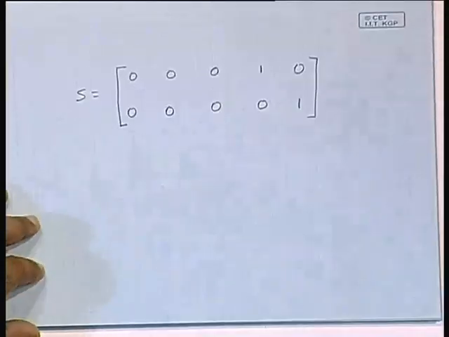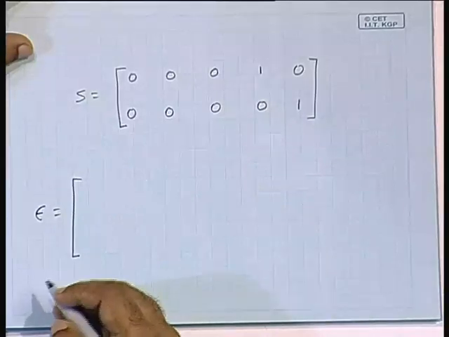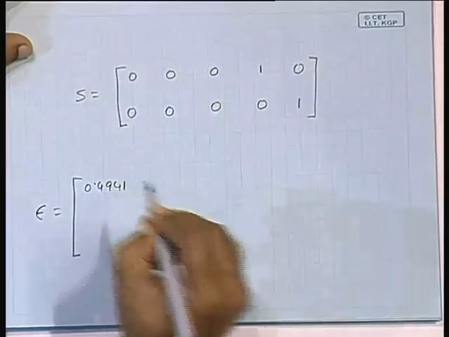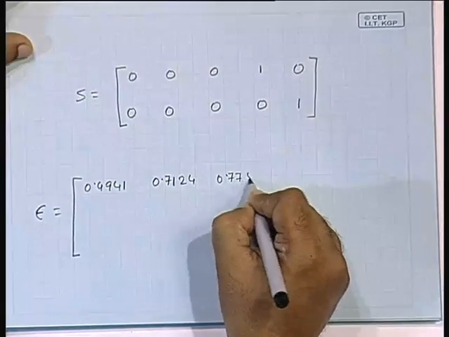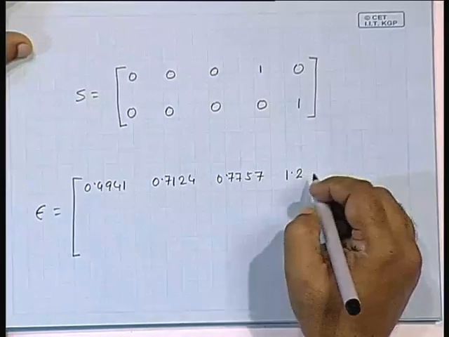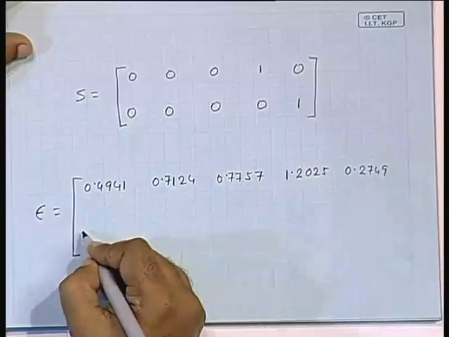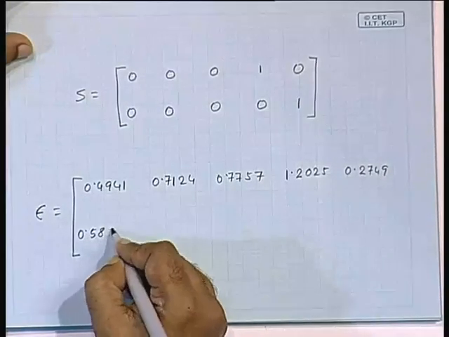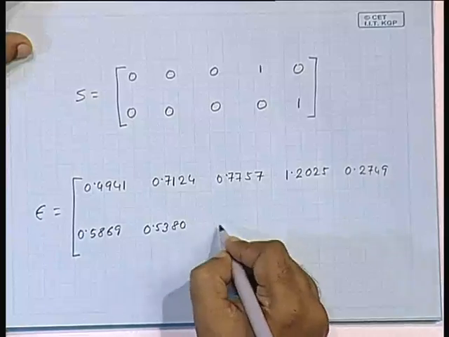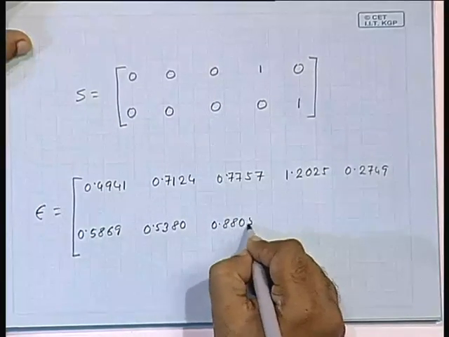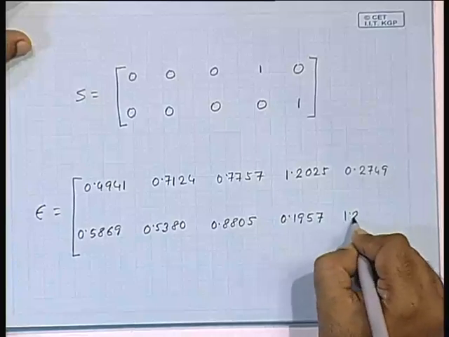So epsilon is 0.4941, 0.7124, 0.7757, 1.2025, 0.2749, 0.5869, 0.5380, 0.8805, 0.1957 and 1.2718.